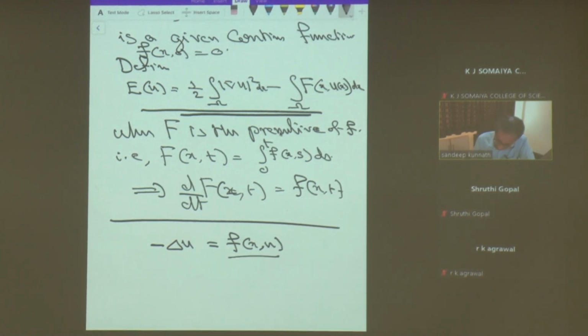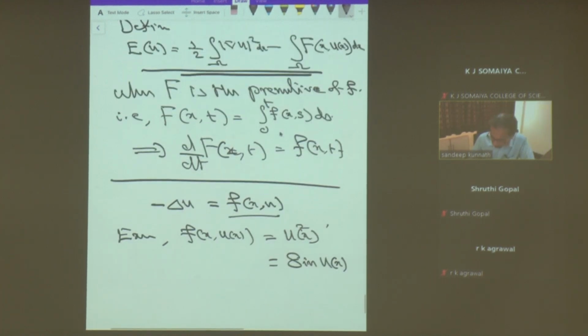For example, f of x, u of x could be u of x squared, or sine of u of x, or something like mod x times e to the power u of x. Whatever you can think of, you can have that. The only thing is that f has to be continuous.